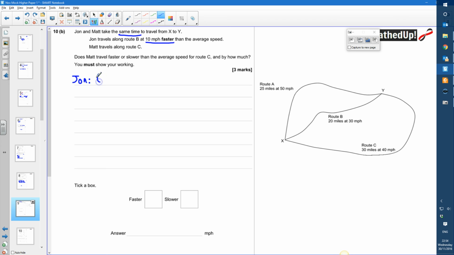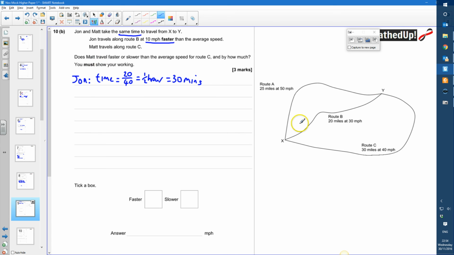So the time for John is going to be equal to 20 divided by 40, which is the same as half an hour, which is going to be 30 minutes. So it takes John 30 minutes. John and Matt take the same time, so it must also take Matt 30 minutes as well.